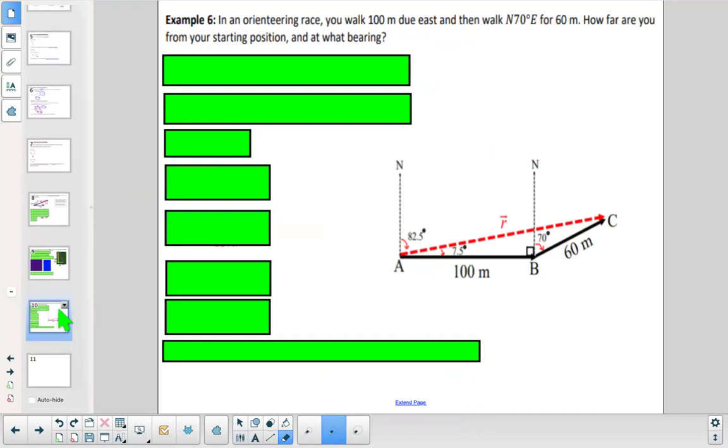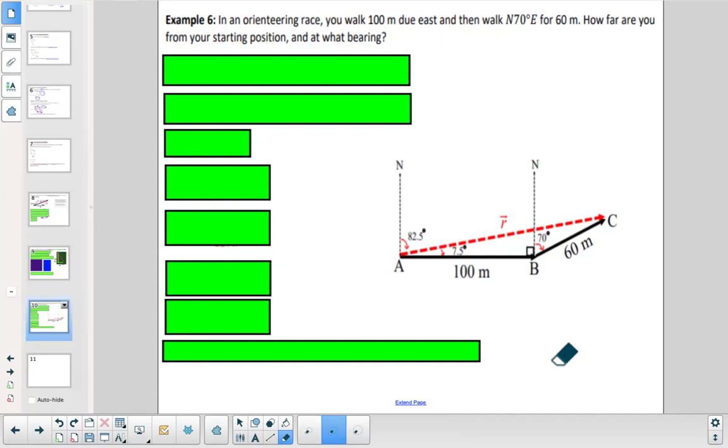Okay, so this is now a different navigation problem. In your word problems, just like with the last one where we had the plane first, that was our first vector. The second vector was the wind that was coming from the west. It's always going to be clear which vector is your first vector, which vector is your second vector.